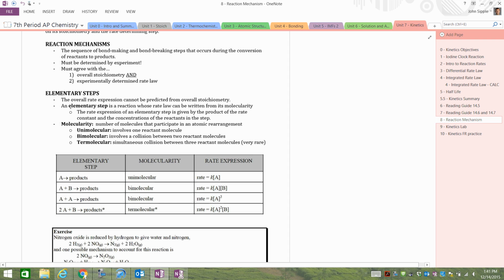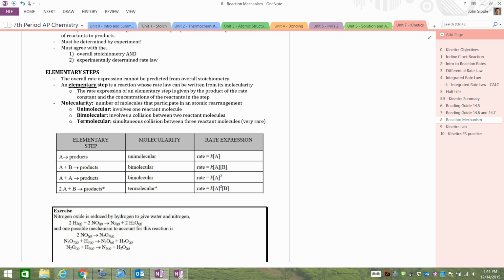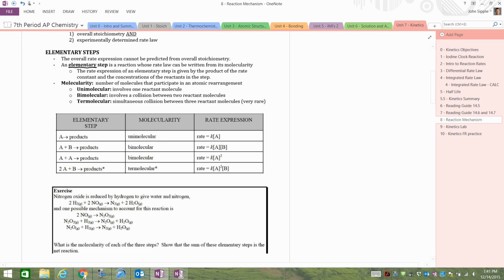So when they talk about elementary steps, they're just looking at the small reactions that add up to give you the total. So for example, down here on the bottom, these are all elementary reactions. Our elementary steps are those 3 reactions there.